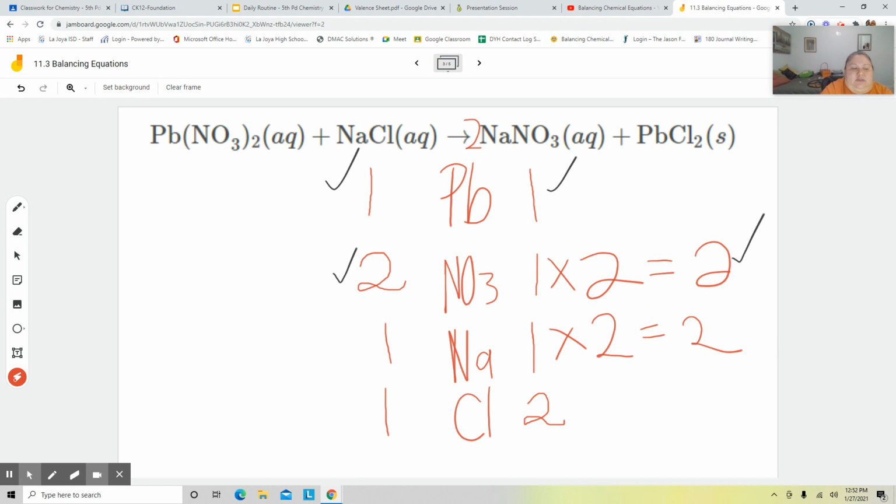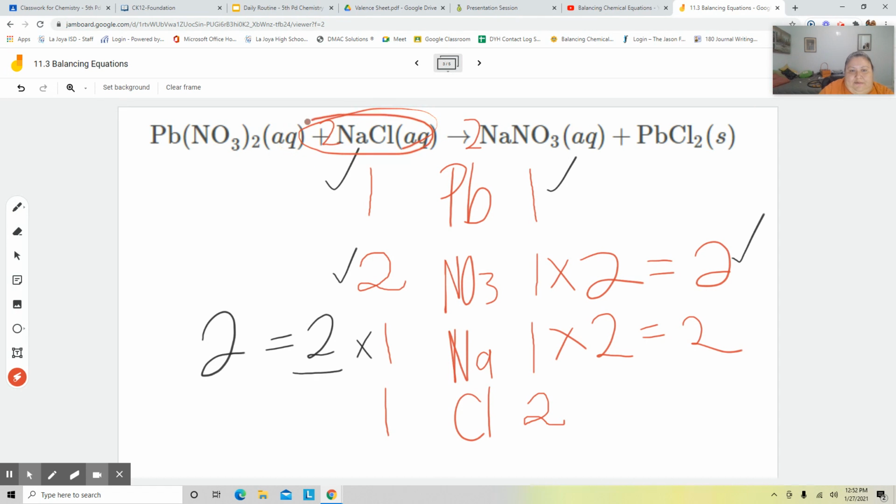What's my only option? What do I multiply so I can make this into a 2? What goes here? Yes, sir. I'm going to put a 2 in here so that my sodium gets multiplied on the left by 2. That's going to make me also put a 2 here, but somebody else also got affected.